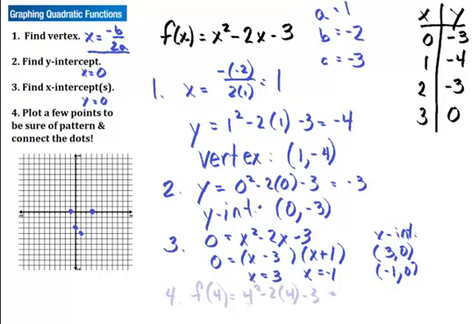So 16 minus 8 is 8. So this is a 5. So at 4, 1, 2, 3, 4, 5. Yeah, that looks like it's going to happen. And you know, these things are always symmetric, so you actually have these dots here because they mirror each other about that vertex. And that's what you would do to draw a quadratic.